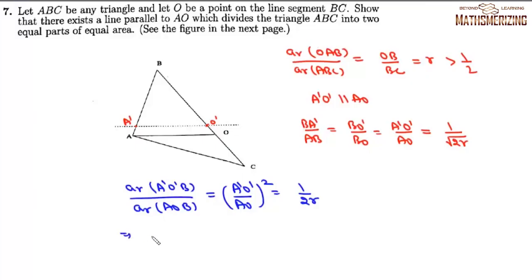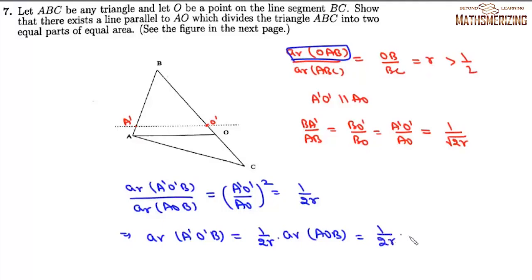We can write area of A dash O dash B is 1 by 2R into area of AOB, and area of AOB is R times area of ABC. So we can write 1 upon 2R into R times area of ABC.